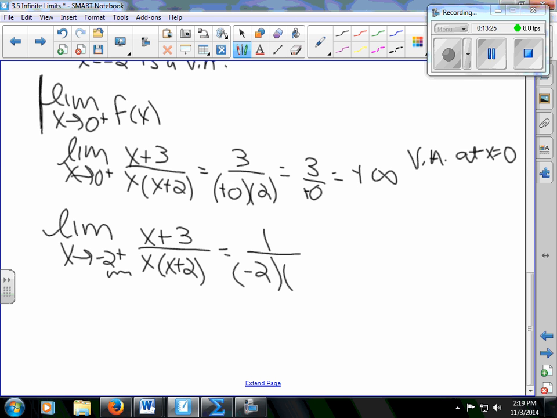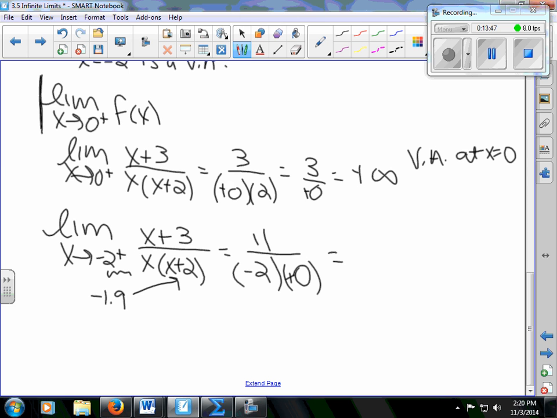What is a number close to negative 2 but on the right side of negative 2? That would be negative 1.9. If I plug negative 1.9 in here, I get a number very close to 0 but positive. And so this is positive 0.